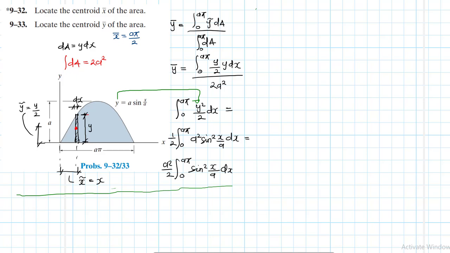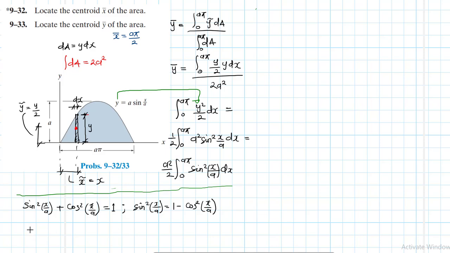We know that sine squared x over a plus cos squared x over a is equal to 1, so sine squared x over a is equal to 1 minus cos squared x over a.